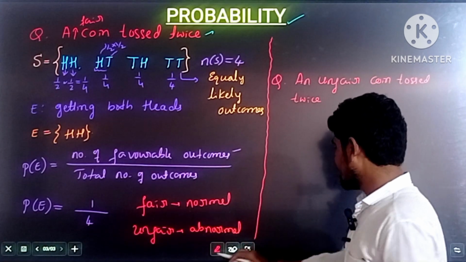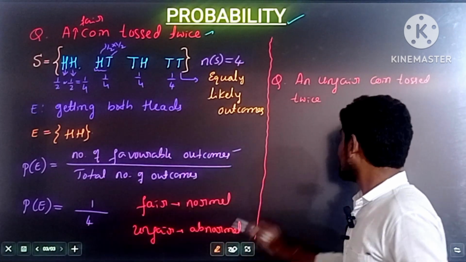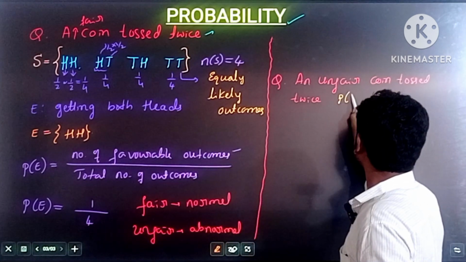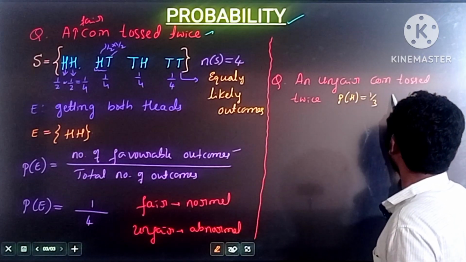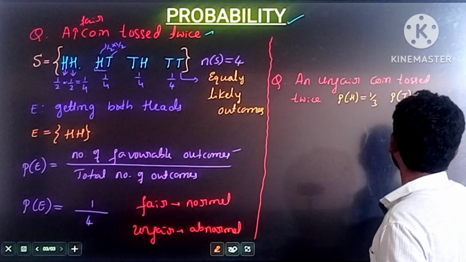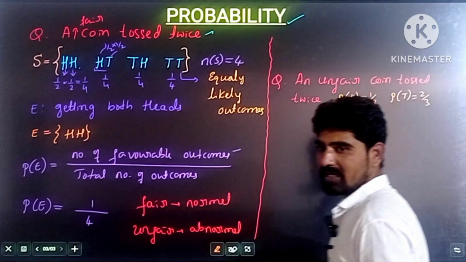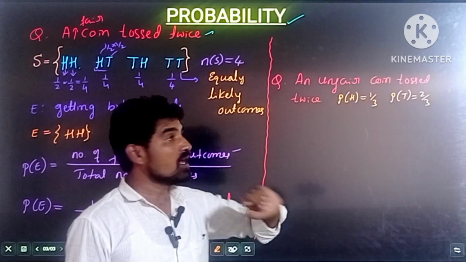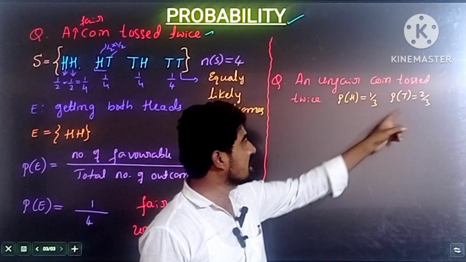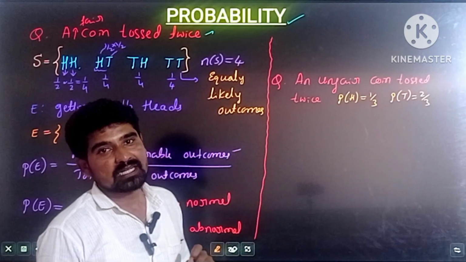So let's say in this question, the probability of getting head is 1 by 3 and the probability of getting tail is 2 by 3. See here, this is an unfair coin. That's why the probability of getting head is different from the probability of getting tail.